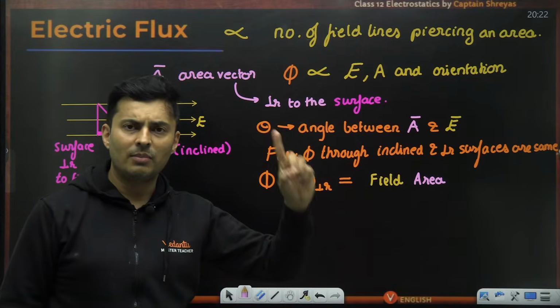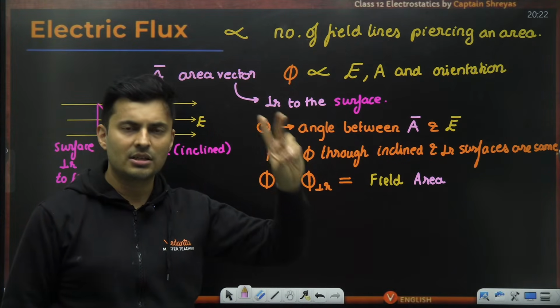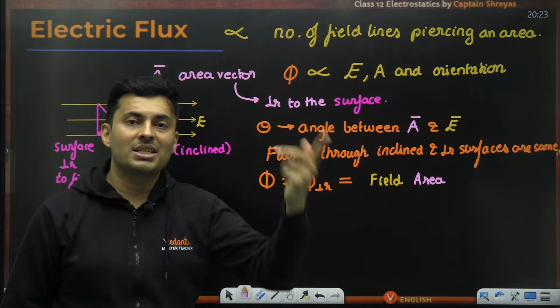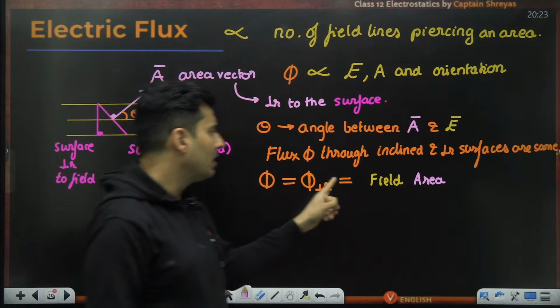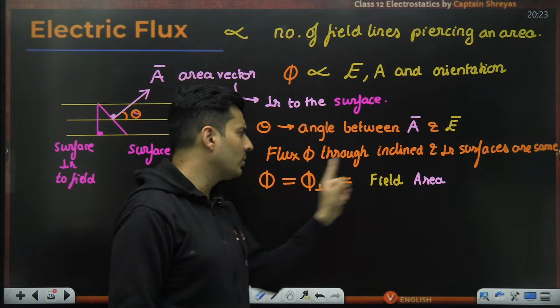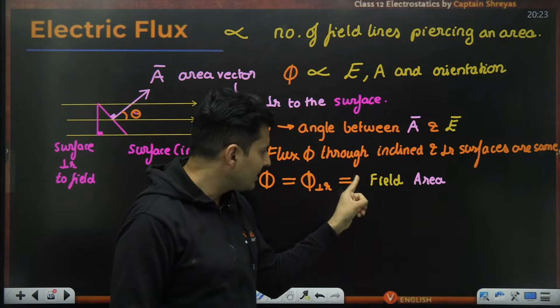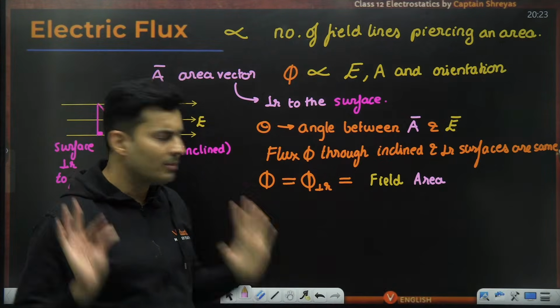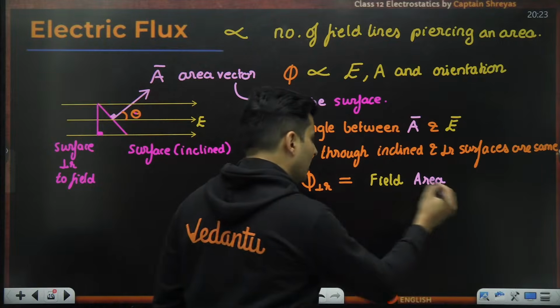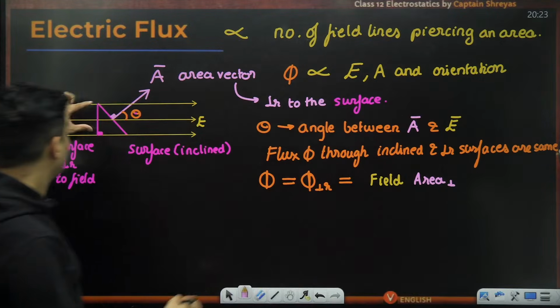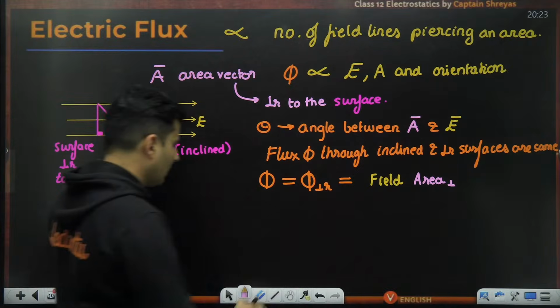In SI units, when mass is 1, acceleration is 1, force is 1 Newton. So then the constant of proportionality becomes 1. Same way, because the flux was proportional to the field and area, I used SI units and said let the constant of proportionality be 1. So it is field multiplied by that area which is perpendicular.